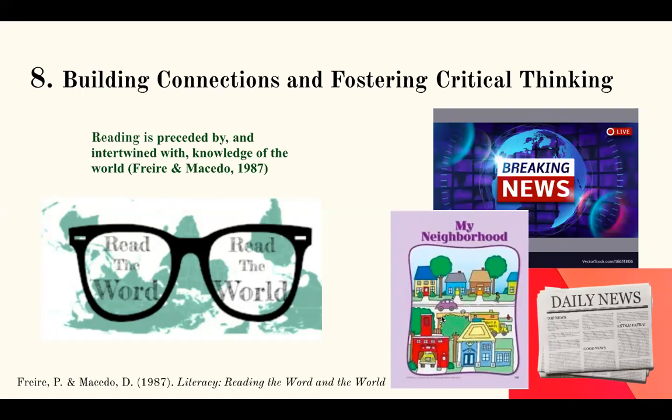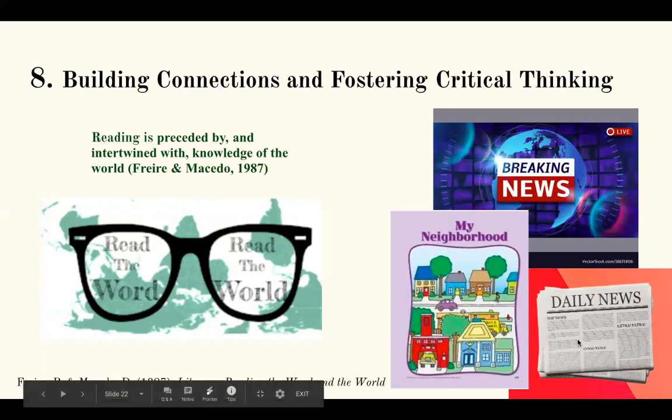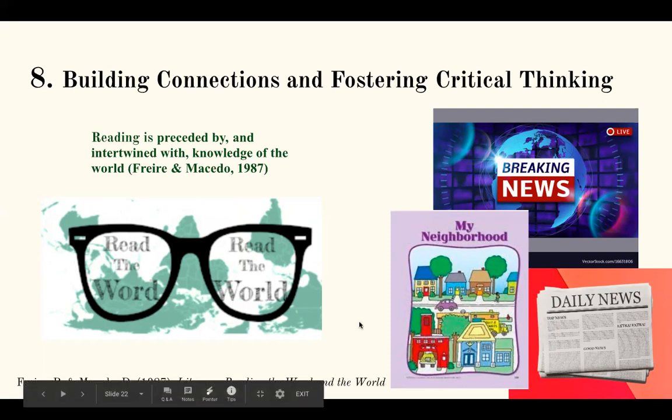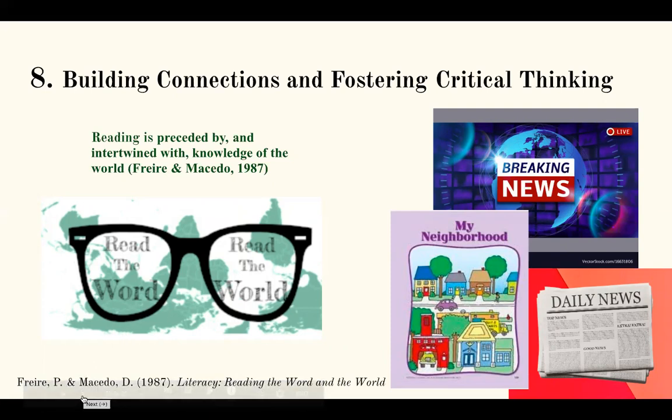So their neighborhoods, the stuff that they're seeing on the news, the information they're gathering from newspapers and other forms of text, these are all important factors to keep in mind as we think about how we want to facilitate their literacy learning in our classroom space.